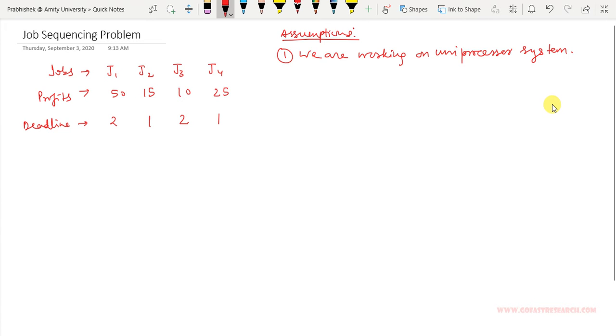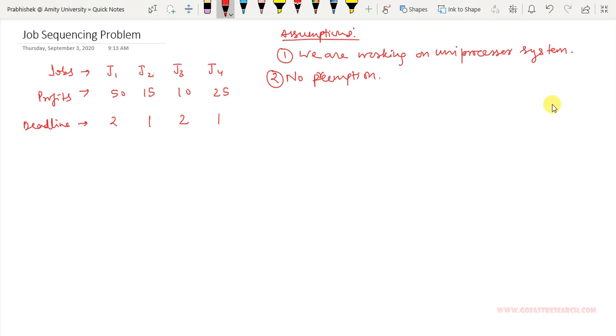The second assumption is no preemption. This means that once a job has started, it will complete its task. No other job will start in between.